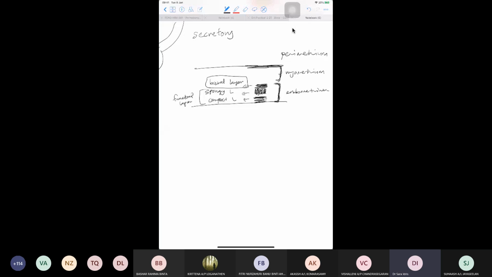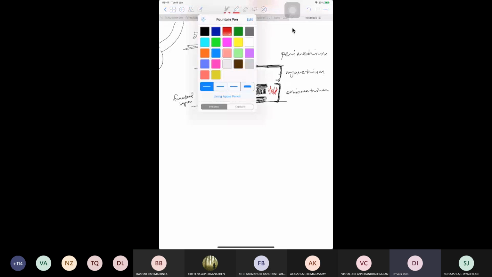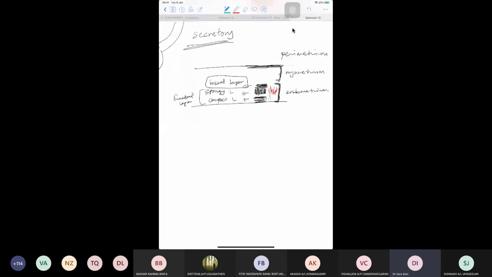Now, during the secretory phase of your menstrual cycle, these two functional layers, the compact and the spongy layer, will become very vascularized. So you have a lot of vessels, and also it will be very glandular, as mentioned.